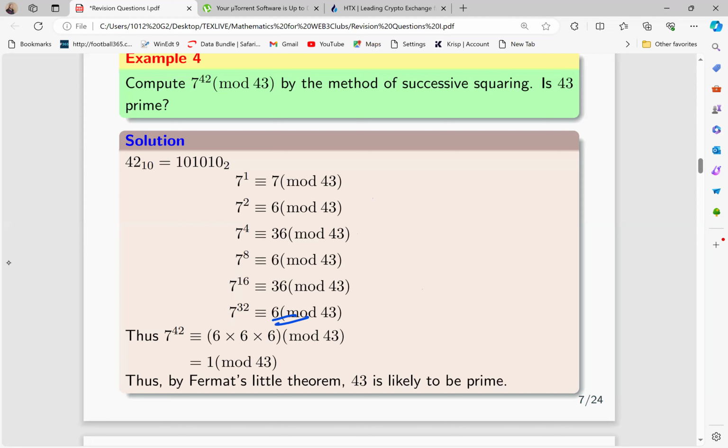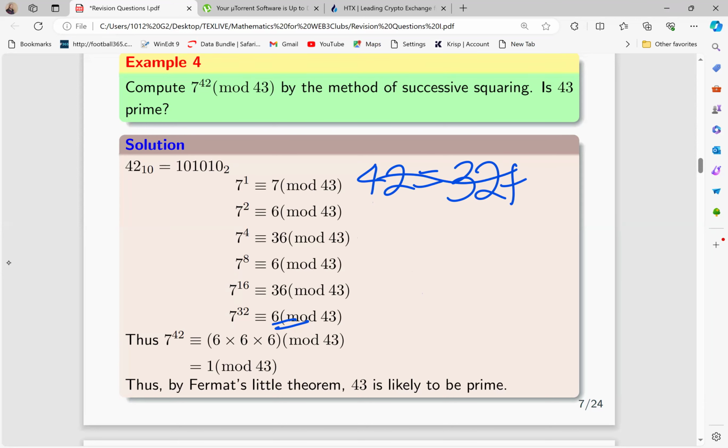And then remember, 42 is the same as 32 plus... So using binary, you can tell what 32 is. So 42 is the same as, let's look at this one.